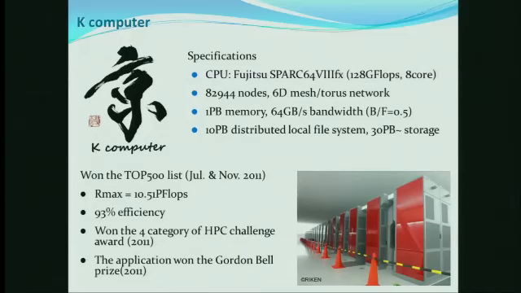Each CPU has 8 cores, and the total number of nodes is over 80 thousand. The interconnect is a 6D mesh torus network, and the total memory is 1 petabyte. For each node, the B/F ratio is 0.5.